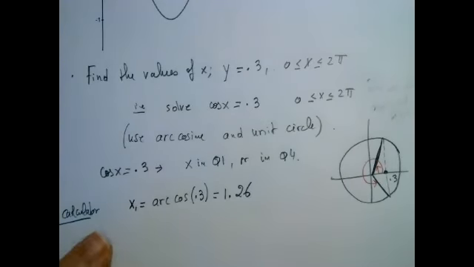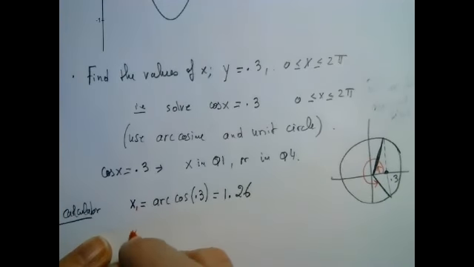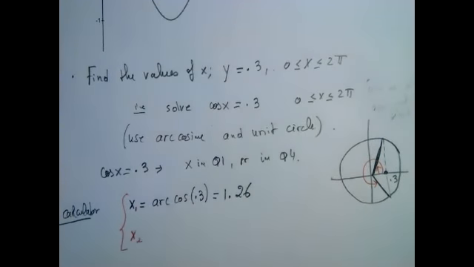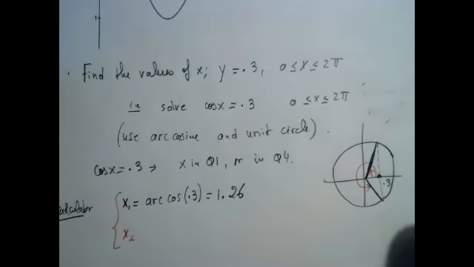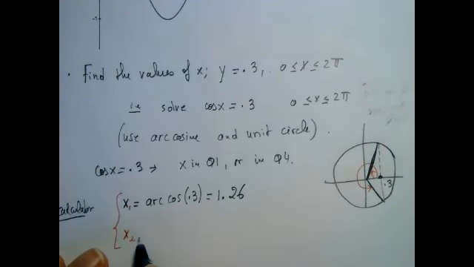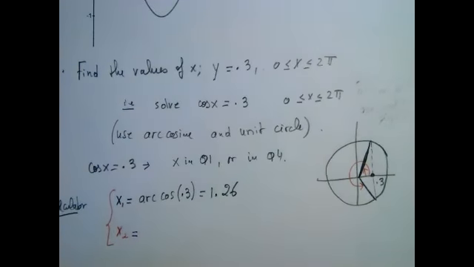And what's the other value? Okay, that's the picture. That's everything. What's the other value? So what I'm adding is that I'm labeling them because I have two of them. Okay, we're going to call one x1 and one x2. What's the other value? I want all of you to figure it out from the unit circle.